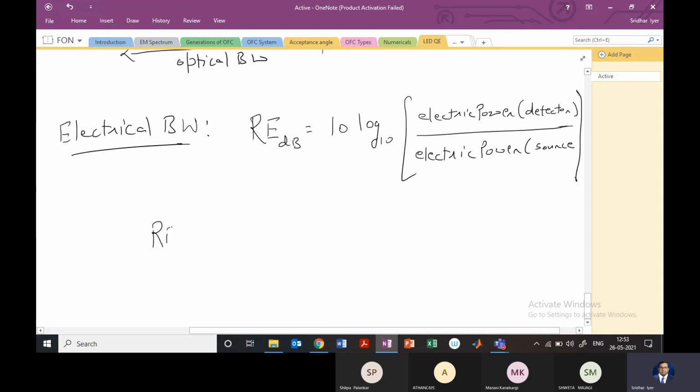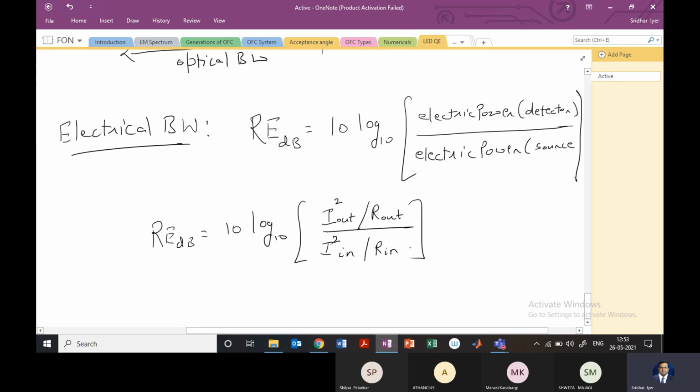Now putting in the values, RE in decibels will be 10 log to the base 10. I want to convert this power, so I can write this in terms of the current and the resistance. I get I squared at the output divided by resistance at the output, divided by I squared at the input divided by the resistance at the input. Obviously, these resistances are going to be constants.